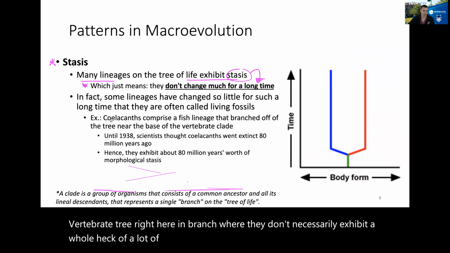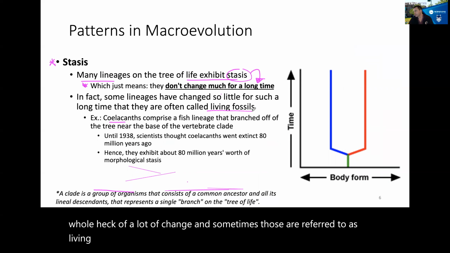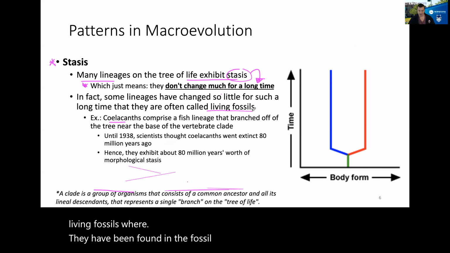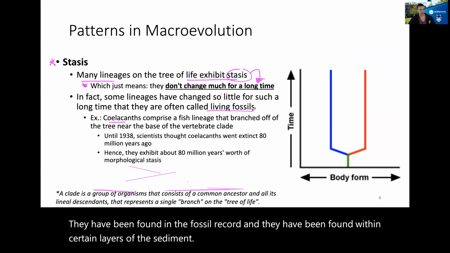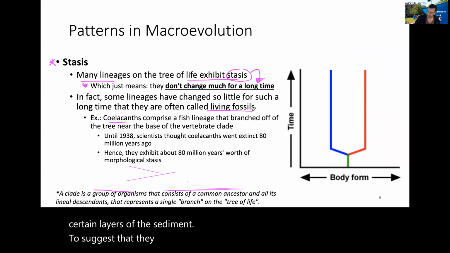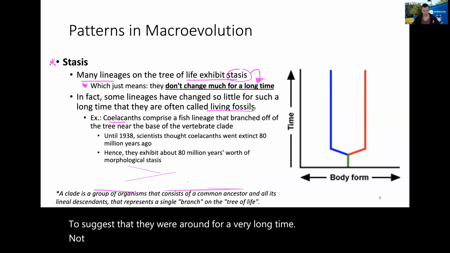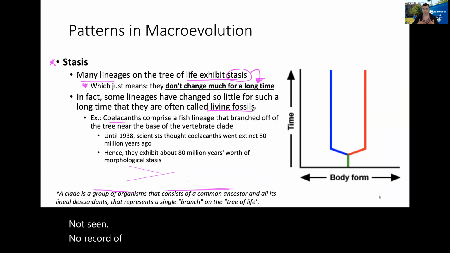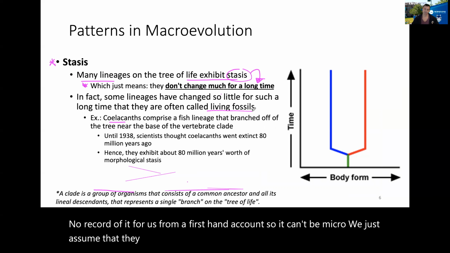And sometimes those are referred to as living fossils, where they have been found in the fossil record and they have been found within certain layers of the sediment to suggest that they were around for a very long time, then not found, not seen, no record of it for us from a first-hand account. We just assume that they are extinct.